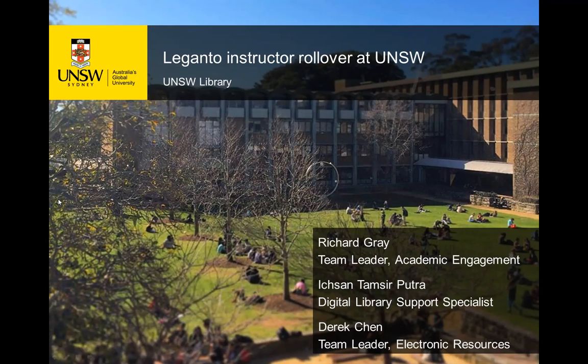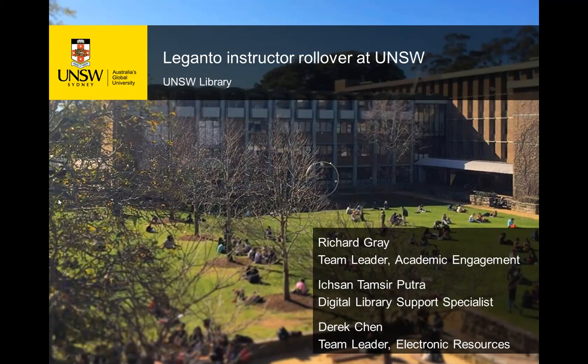I'll be speaking primarily about the background of Leganto at UNSW, briefly at least, and the conversations with academics we've had before and after the implementation of the rollover. Primarily, we'll all be talking about the cross-organizational matrix approach we took to delivering the product to the clients, in this case, the academics.